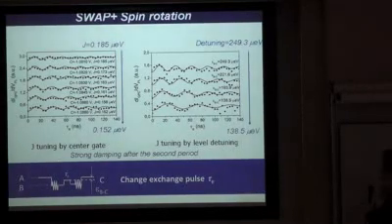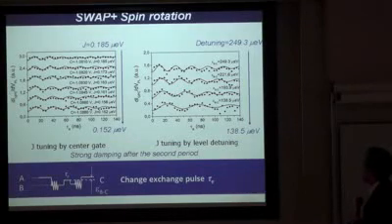Here is experimental data of the signal of detecting the finding probability of the singlet state as a function of the operation time of the exchange coupling. So we see these oscillations indicating the complete swap gate.